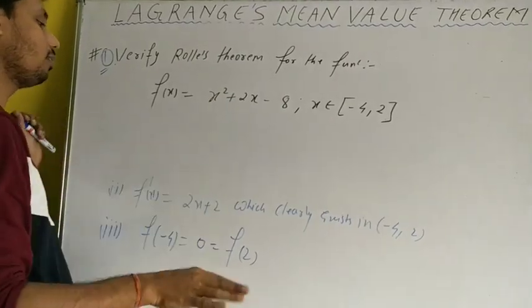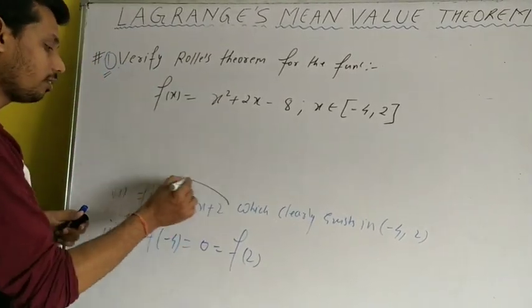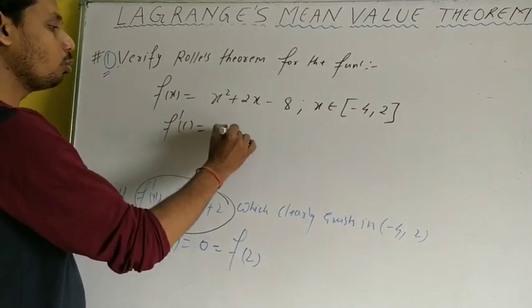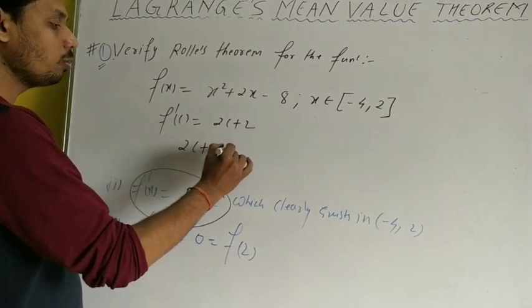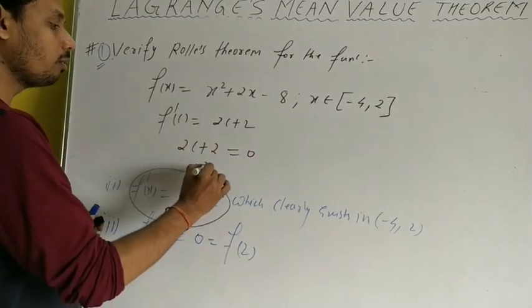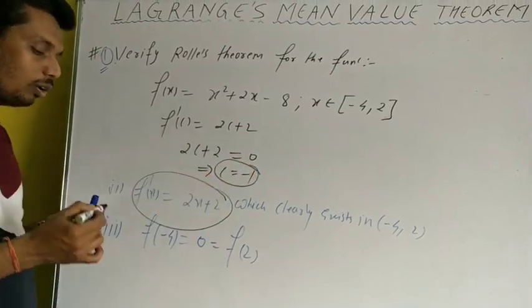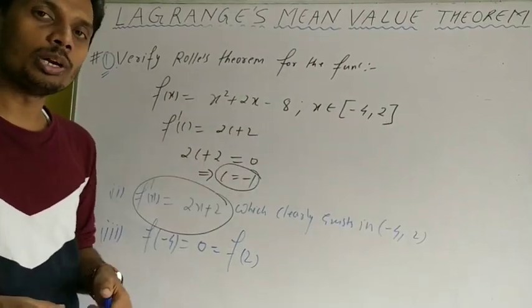Now let us determine the value of c. As this is f'(x), f'(c) will be equal to 2c + 2. Now f'(c) is equal to 0, so 2c + 2 = 0, which implies that c = −1. Now just check whether the obtained value of c lies in the open interval (−4, 2) or not.